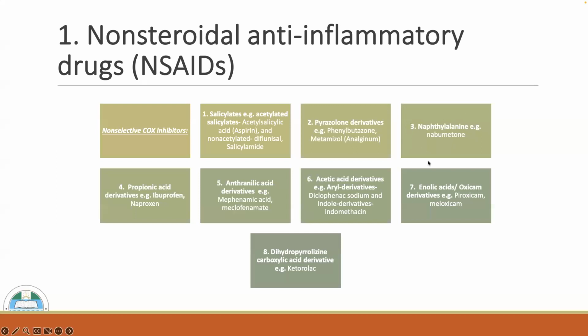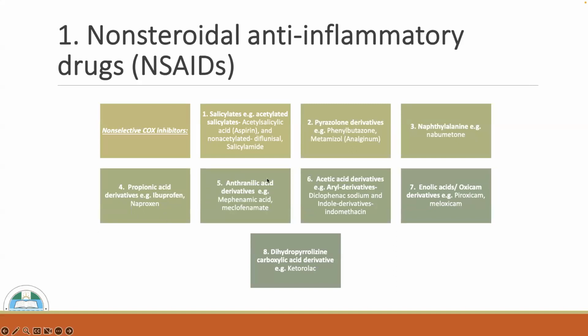There is also the naphthylalkanone derivatives, for example, nabumetone, which is called a weak selector for COX-2. Then there are propionic acid derivatives like ibuprofen and naproxen, which are very commonly used in practice.